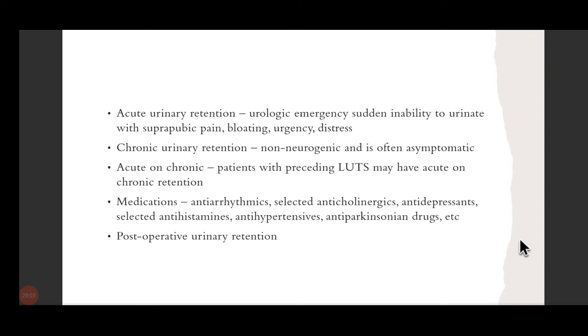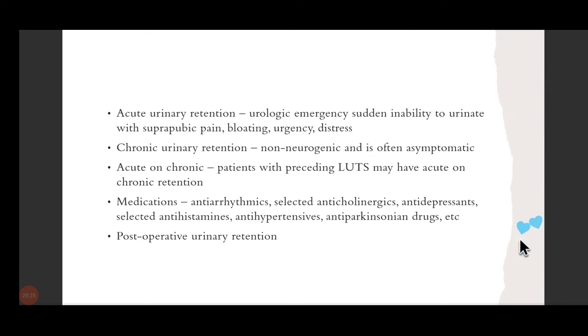A chronic urinary retention patient is often asymptomatic, but there may be a very large bladder if you were to do an investigation like an IVP or a CT urography. And the patient, however, has no symptoms. Acute on chronic is the patients who have lower urinary tract symptoms.